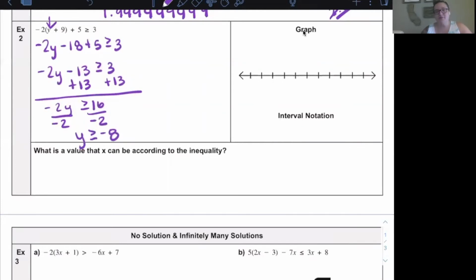And I just divided both sides by a negative and forgot to do something really important. When you divide both sides by a negative, or multiply both sides by a negative of an inequality, you have to flip the inequality sign. So we get y is less than or equal to -8 this time.